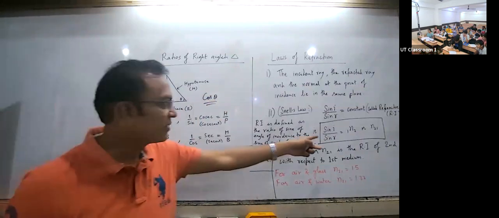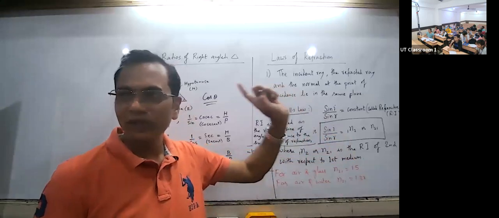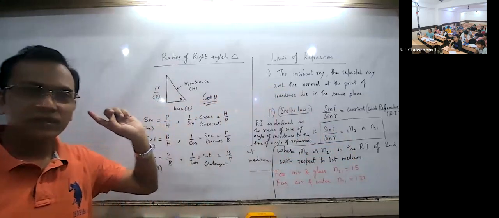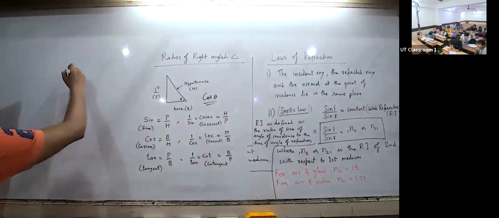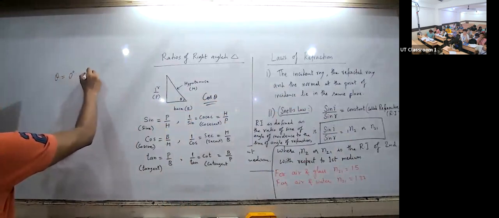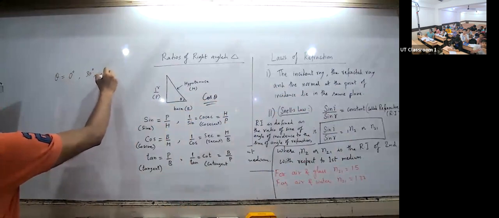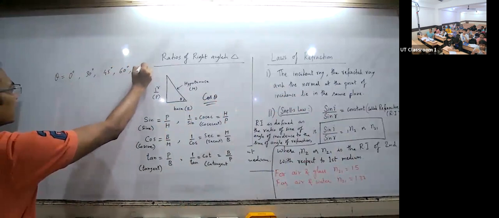Here this theta is in the form of angle of incidence and angle of refraction. Then there are certain values which you will learn how to figure out. So there are some standard values. Let's say theta is equal to 0 degree, 30 degree, 45 degree, 60 degree, and 90 degree.